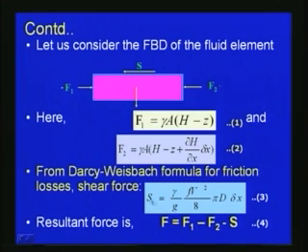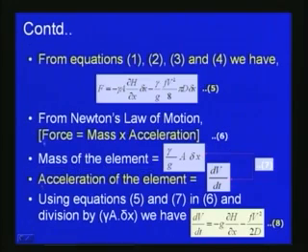We can write the shear force S is equal to gamma by g into f V square by 8 into pi D into delta X, where D is the diameter of the pipe, g is the acceleration due to gravity, gamma is the specific weight, f is the friction factor, and V is the average velocity across the section, as in equation number 3. The resultant force for this system we can write as F is equal to F1 minus F2 minus S, in equation number 4.